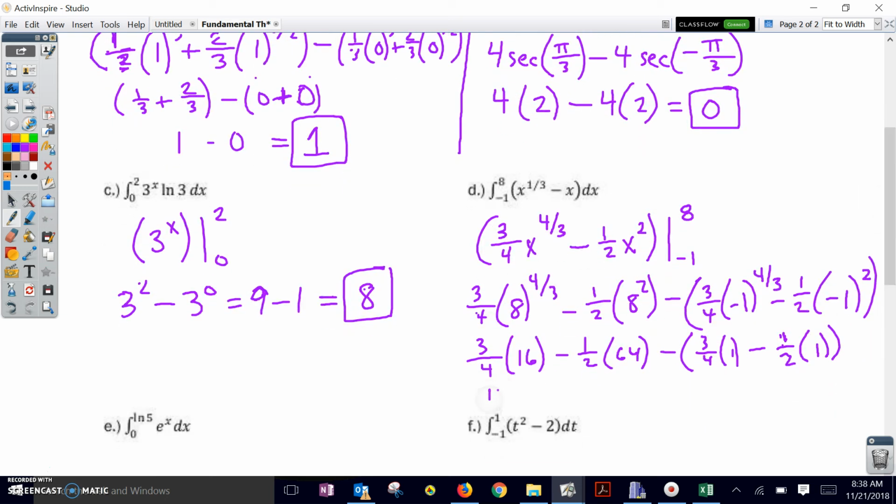And so we've got 12 minus 32 minus the quantity 3/4 minus 1/2. And so we've got -20 minus 1/4. That's going to be -81 over 4. Or for those of you who like decimals, -20.25.